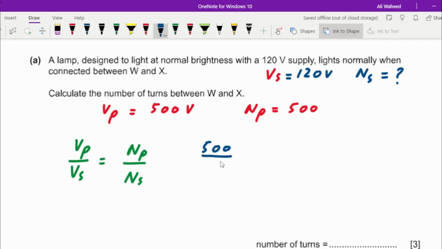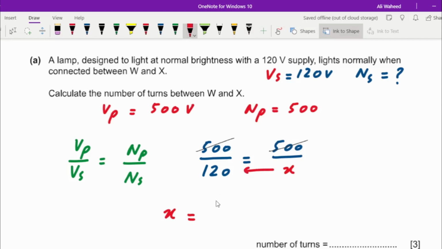We do have the value of Vs, which is 120. We do have the value of Np, which is 500. But we don't have the value of Ns. That needs to be calculated. So I'm going to do a bit of mathematics here. 500 cancelled away with 500, then you'll be left with X equals 120.